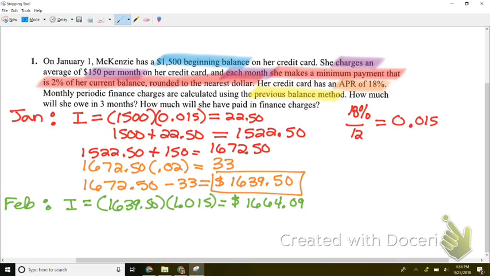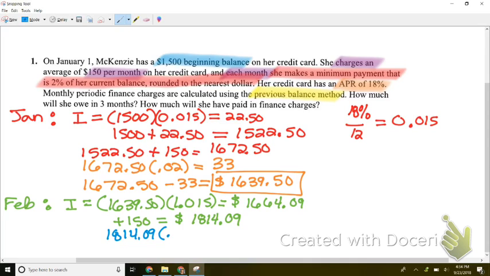Now I'm going to be making an additional $150 in purchases. So that brings me to $1,814.09 if I round it off to the nearest cent. And I'm going to be paying 2% of that.